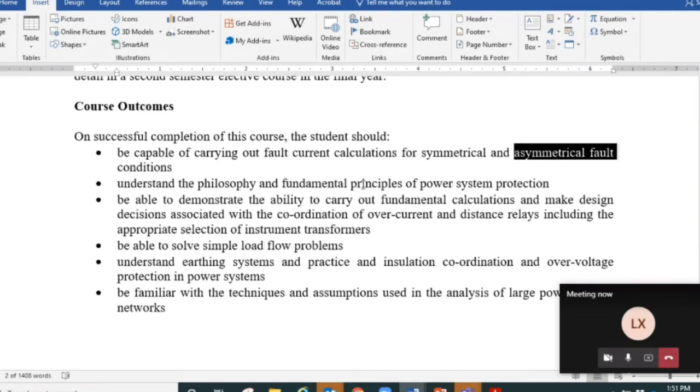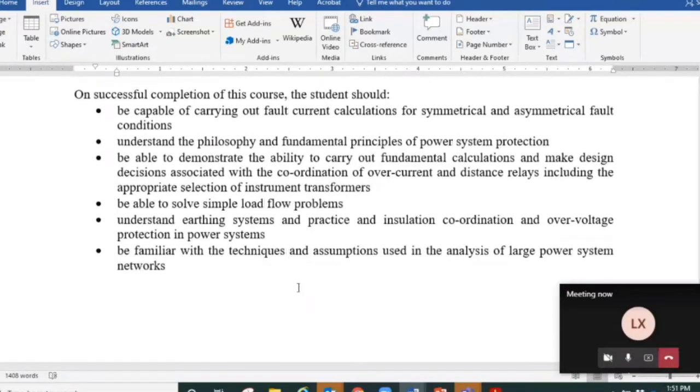Then we will have to know how we do power system protection. Then we'll be able to carry out the overcurrent protection system in our power system, and then we'll need to know how we will be able to do the load flow studies via some tutorials and assignments as well. And then we'll do the insulation coordination and overvoltages.